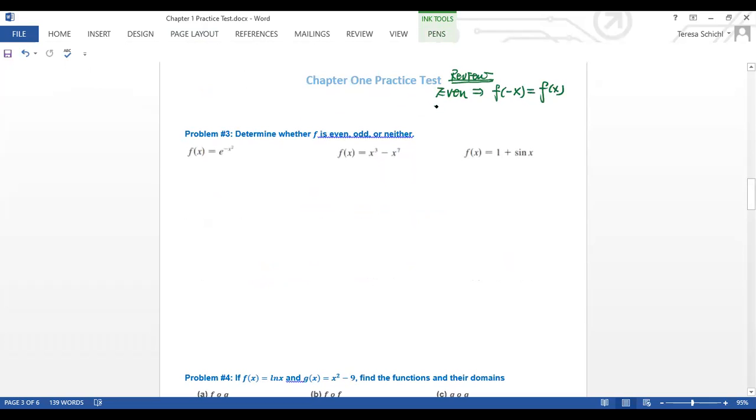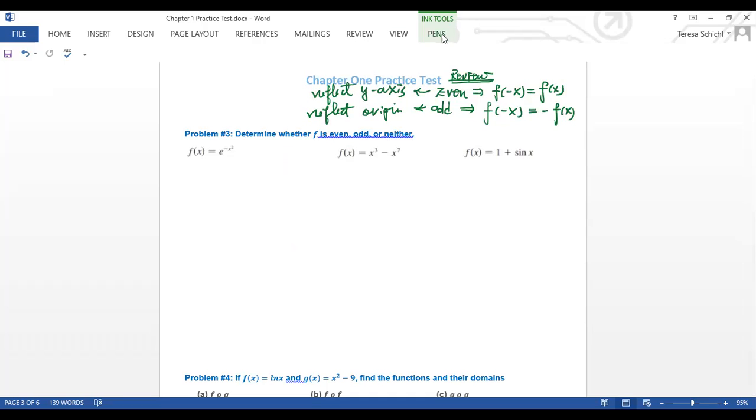The odd function means if you replace x with negative x, this will be equal to negative f of x. So an even function is reflecting over the y-axis, and an odd function is reflecting over the origin. That's what we learned in pre-calc.